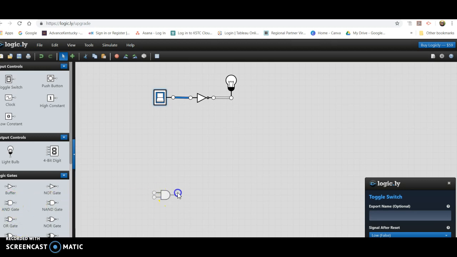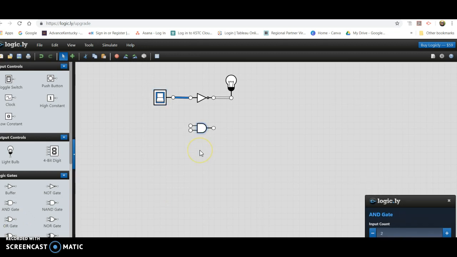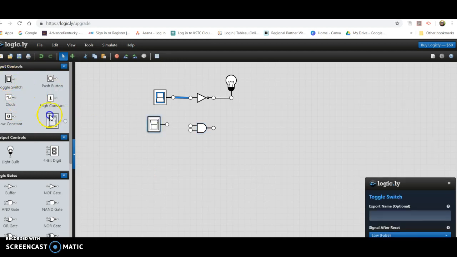And notice that the AND gate looks a little bit like the letter D. But this time we have two inputs and one output. So we're going to add two switches for our input.